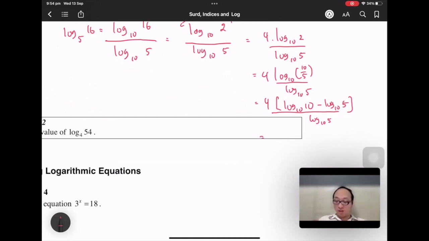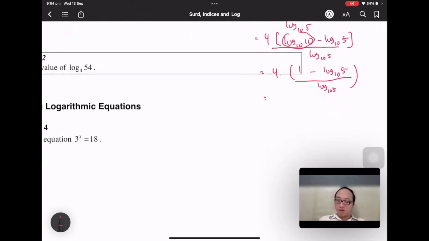So this is equal to 4. Log 10 of 10 is equal to 1, minus log 10 of 5 over log 10 of 5.